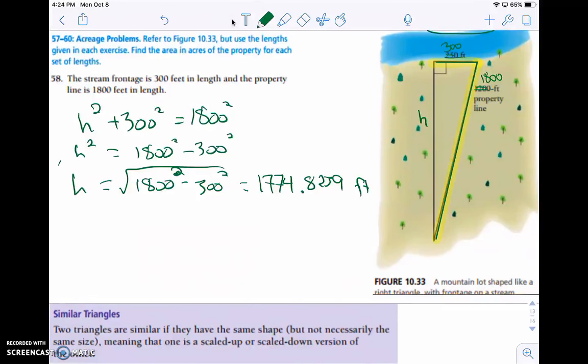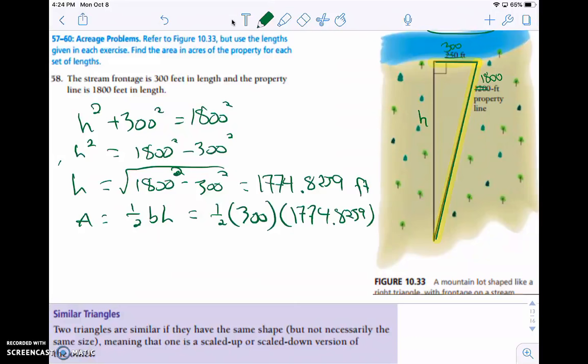Then the area is going to be 1/2 the base times the height. In this case, the base is the 300 up against the stream. The height is that 1774.8239, and that equals 266,223.59 square feet. And now we want this as acres.